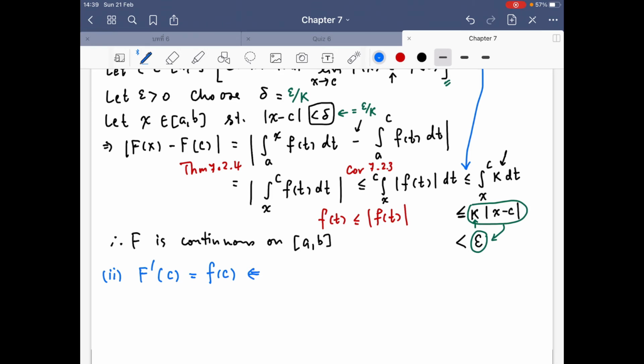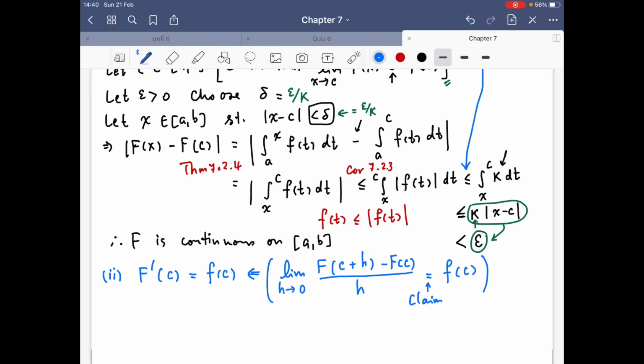For the derivative, we are going to use this definition: the limit as h goes to 0 of F at c plus h minus F at c, over h, must equal small f at c. So this is our claim for the second assertion.